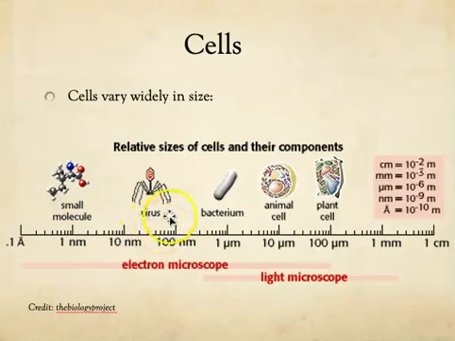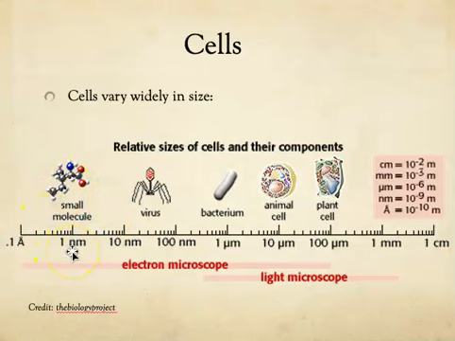You'll notice that they are significantly smaller than the smallest types of cells. Viruses tend to range in the 10 to 100 nanometer range. And of course, if you compare viral particles to some of the small molecules within cells, we're talking a factor of 10 or a factor of 100 smaller.